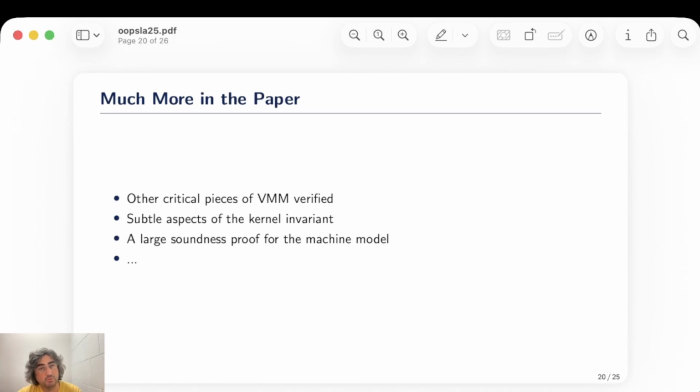We have a huge machine-checked soundness proof for our machine model, and we also have some discussion on our machine model in the paper.